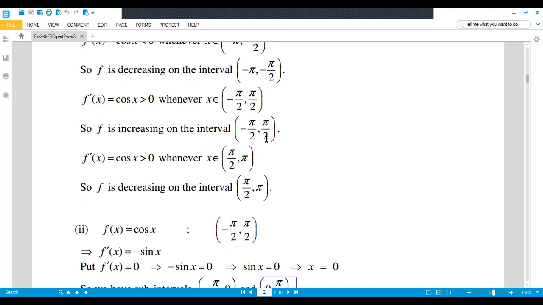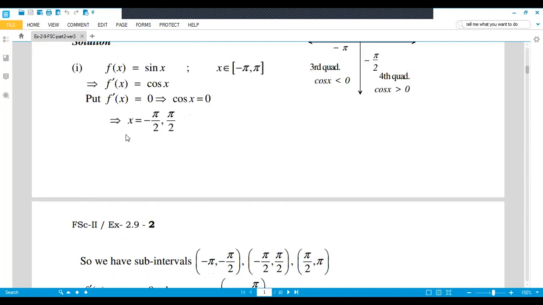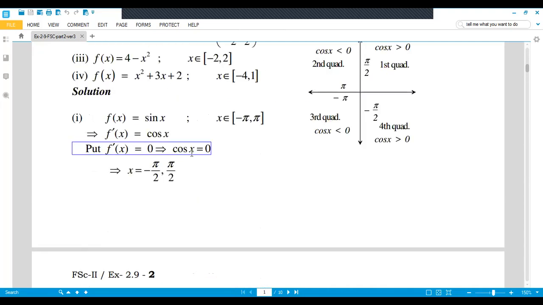From where do you get these subintervals? Look, when you find the first derivative, you put this first derivative equal to 0 and shift the trigonometric function to the other side. Cos on the other side will be cos inverse 0.